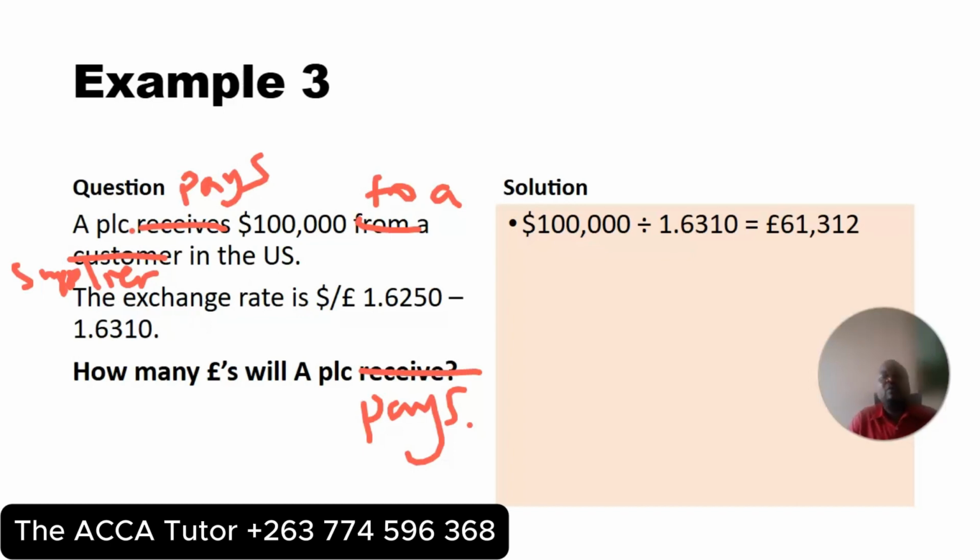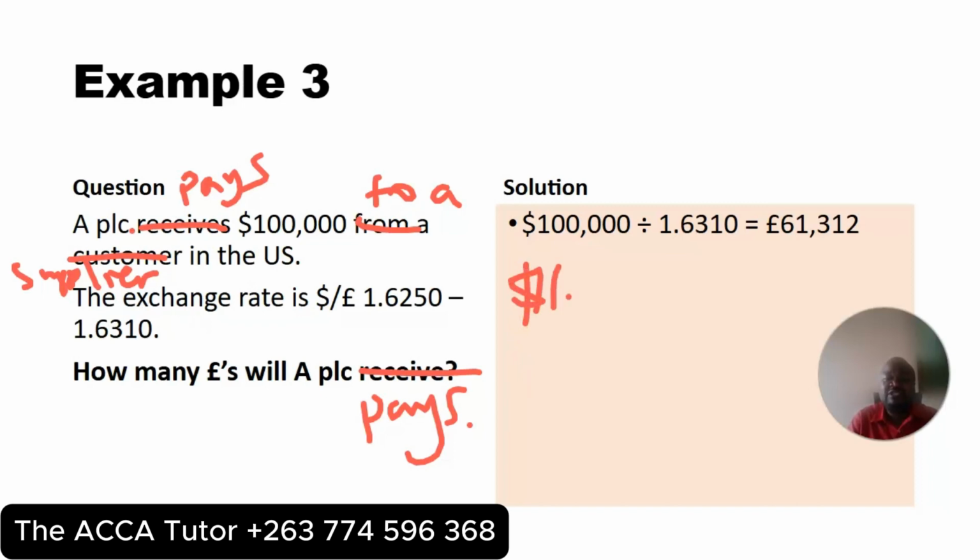Remember, we are always going to be at a disadvantage. That's the rule. So in this case, we need a rate that will ensure that we pay more pounds.